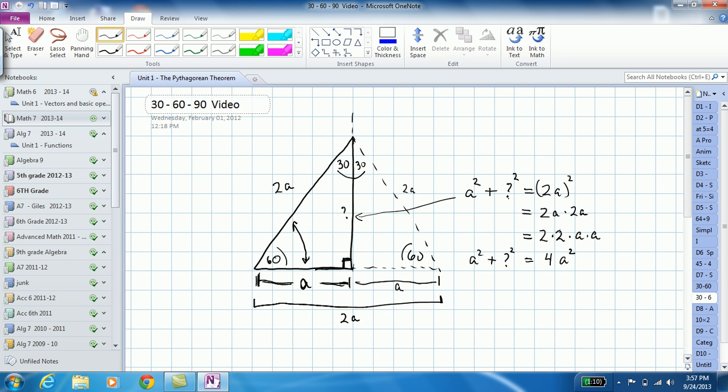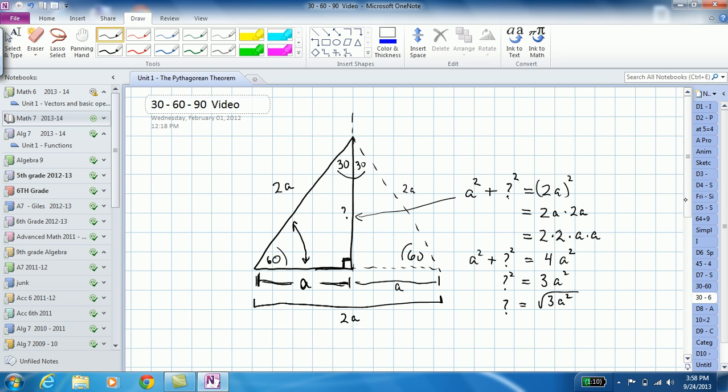Well, if it were 1 apple and something equals 4 apples, we'd say that the question mark squared is equal to 3 of the somethings, 3a squared. We're really just subtracting a squared from both sides, or balance. So the length of the long side is the square root of 3a squared.